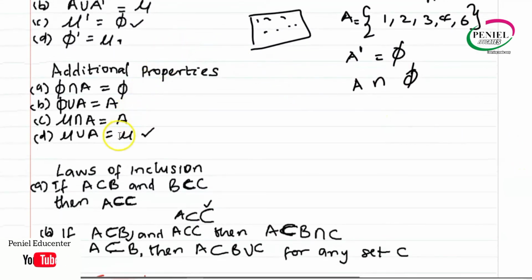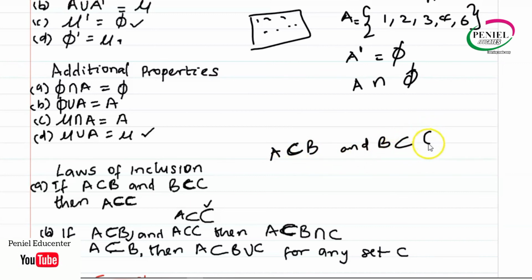Right. So the laws of inclusion says that if A is a subset of B, and B is also a subset of C, then A is a subset of C. All right.